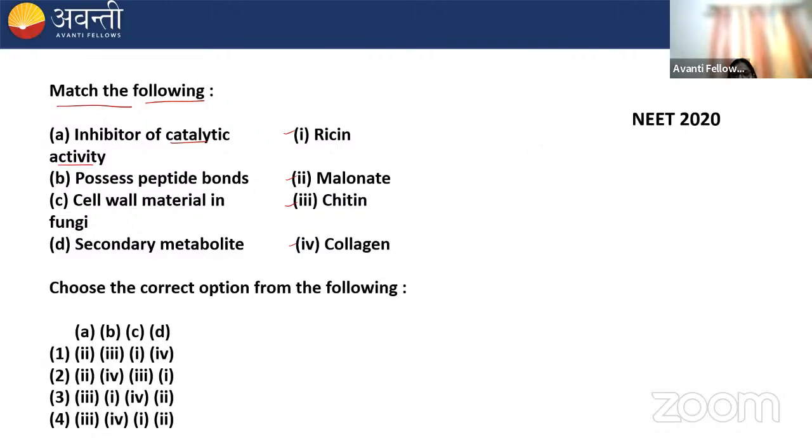Mohina, Trisha, Rujan, MS Gauri, Rahul, Ramayana, what do you think? What will be the correct option for this question?